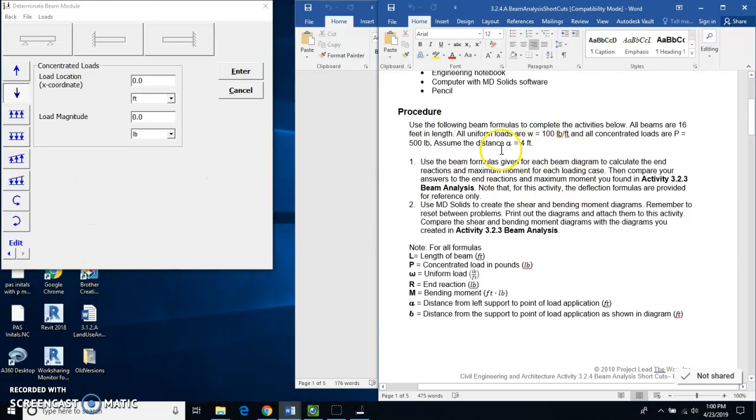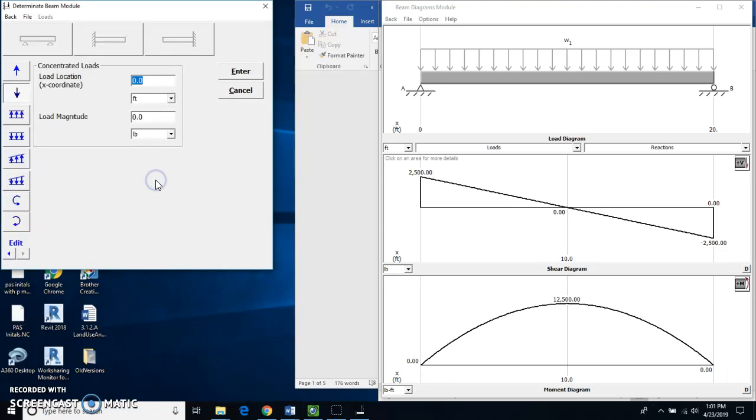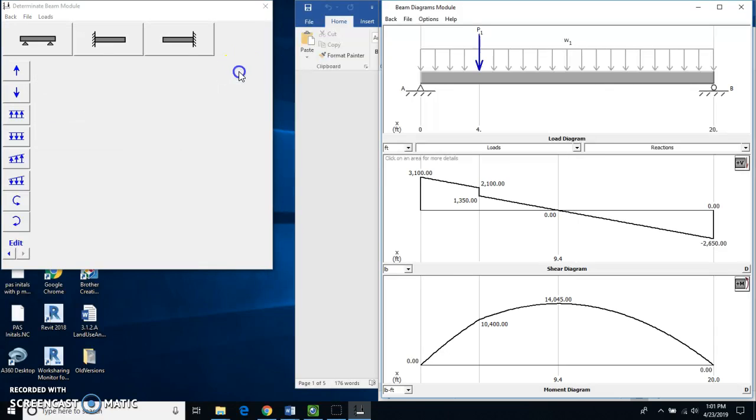So what they're doing is they've got a load that's 4 feet from the left hand side or 4 feet from the right hand side, whatever. I'll put in 4 feet here on mine. So the load location is at 4 feet, and the load magnitude, that is our 750 pounds, and I'll hit enter. And that's what this one will look like, something similar to this.